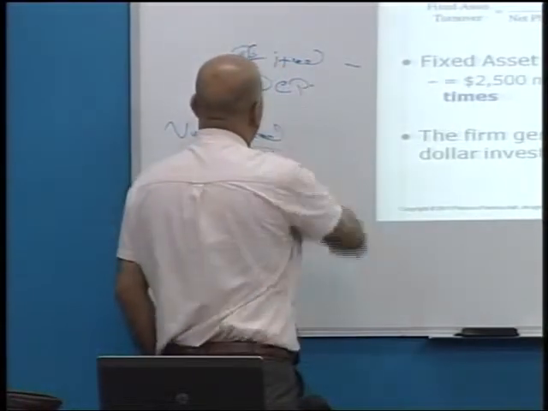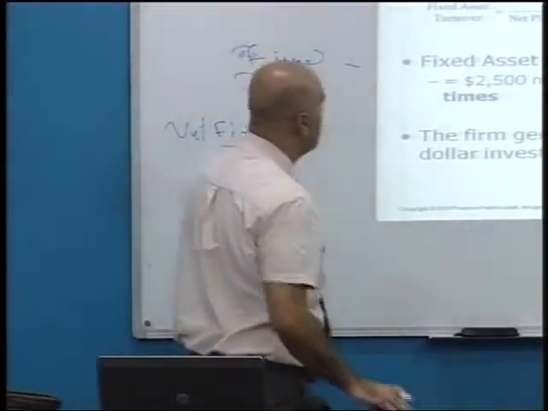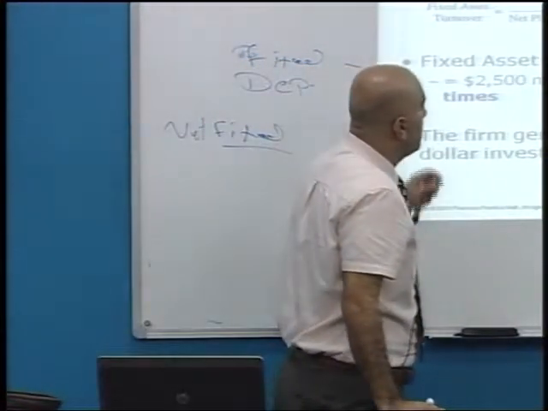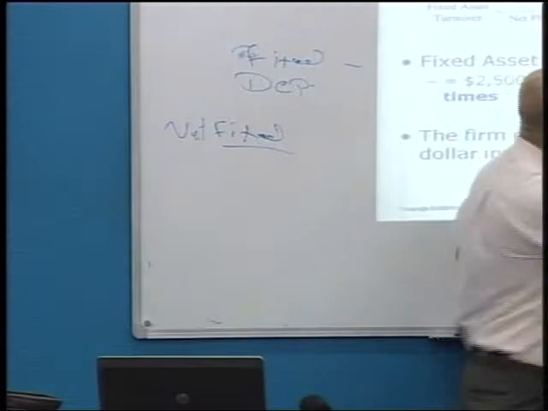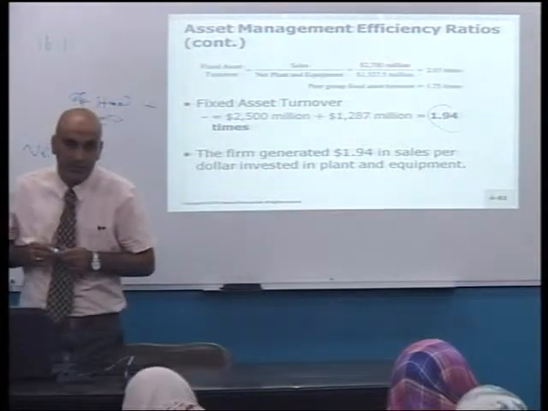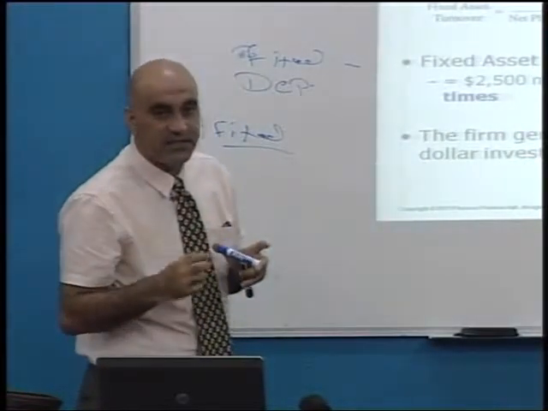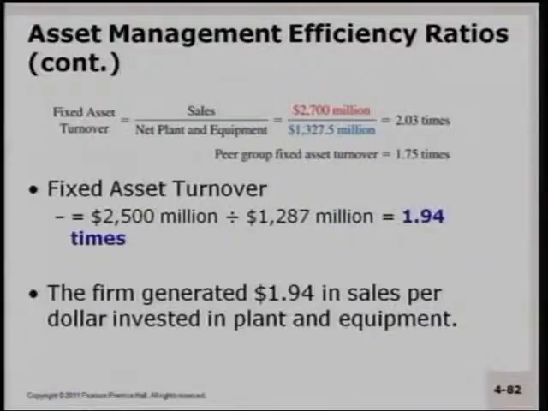Be careful when you are calculating the net fixed assets. So in 2009 we get 1.94. It means $1 invested in the fixed assets generates 1.94 in sales.